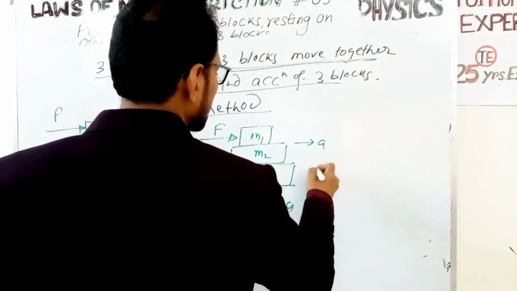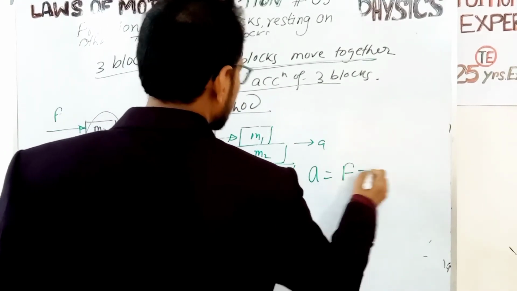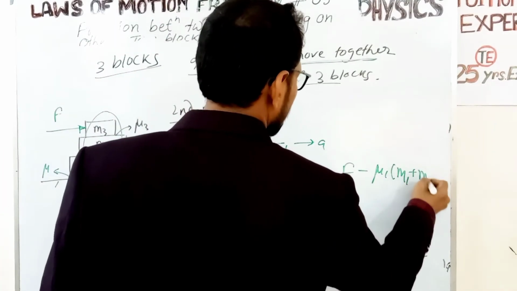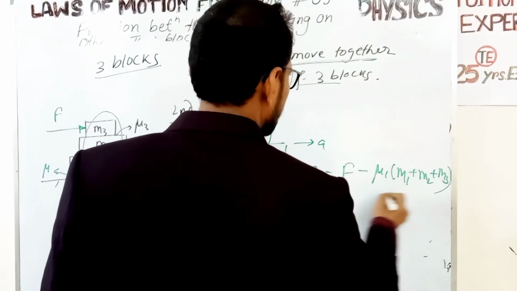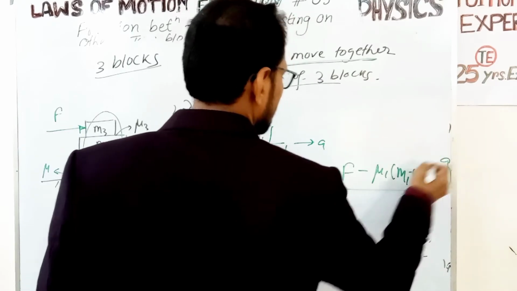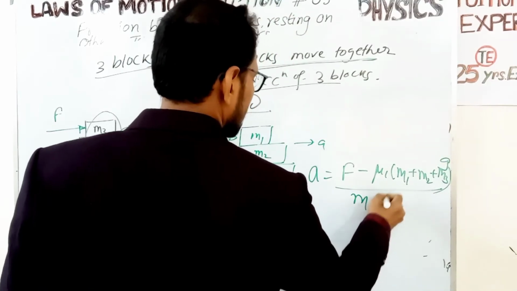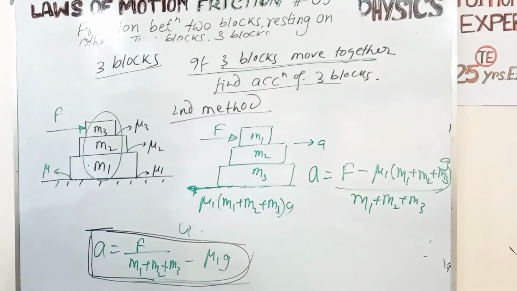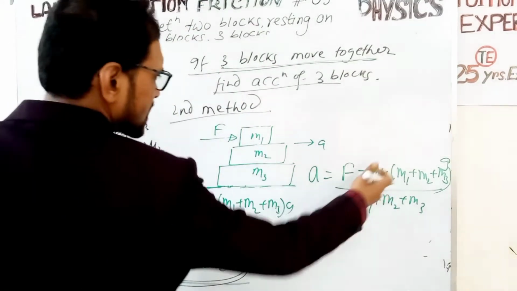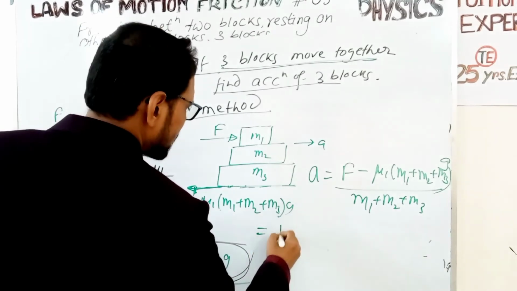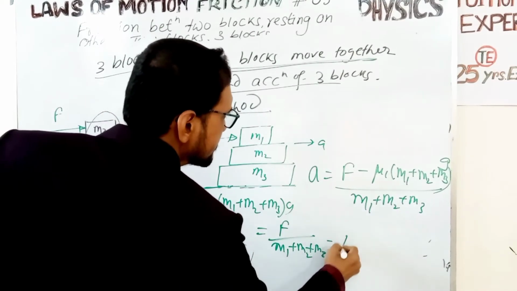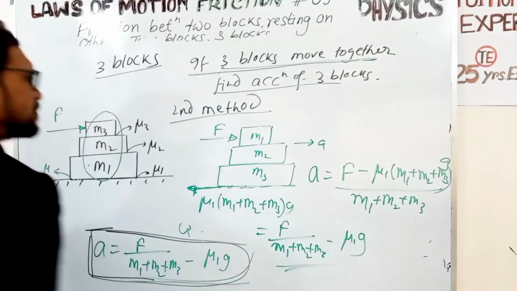So acceleration equals net force, F minus this, by mass. This is the second method. In the first method there is an answer, and in the second method the answer is the same.